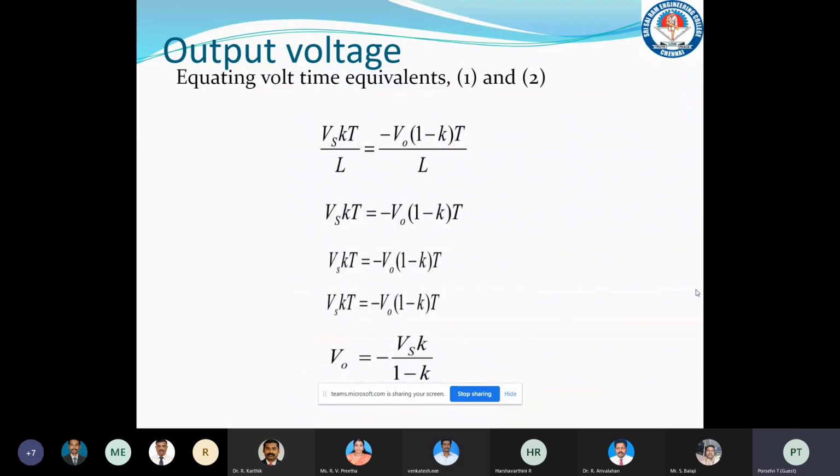And for K equal to 0.5, V naught will be minus Vs. And for K greater than 0.5, V naught will be more than Vs. So for K value between 0 and 0.5, we will get the buck operation. And for K greater than 0.5, we will get the boost operation.